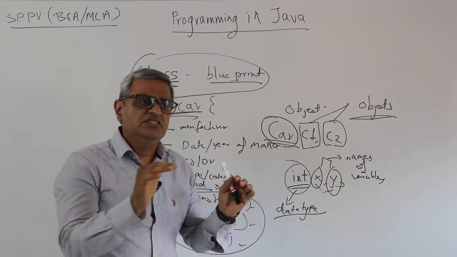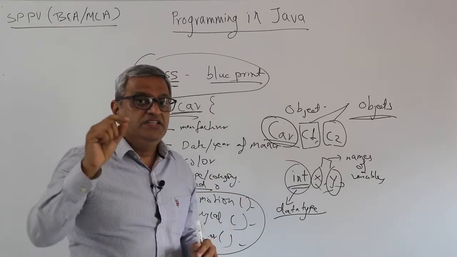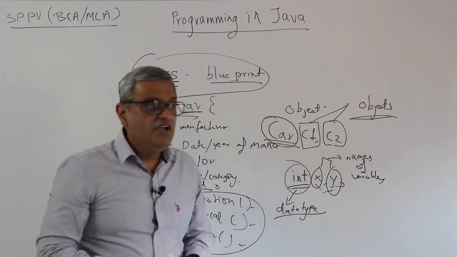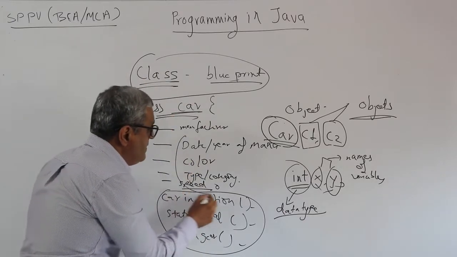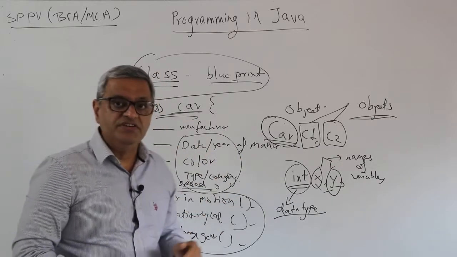Now this is quite similar to what structure in C was, but there is a very important difference. In structure, I used to have only members. My members were nothing but the attributes which you see here.